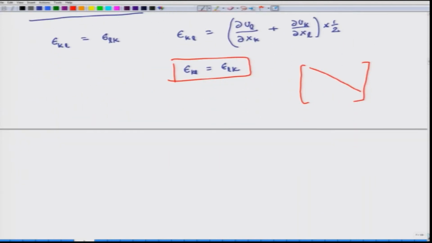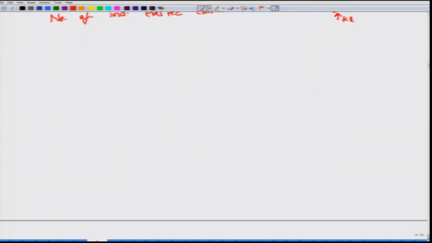So the number of independent elastic constants comes down to 3 times 3 times 6, because epsilon_KL is symmetric. That means it is 54. So all of a sudden the requirement of finding 81 elastic constants drops down to 54.